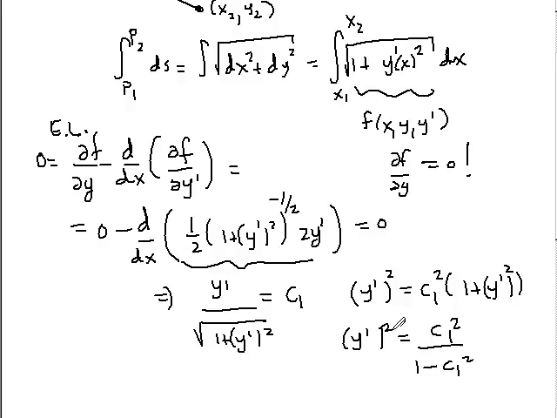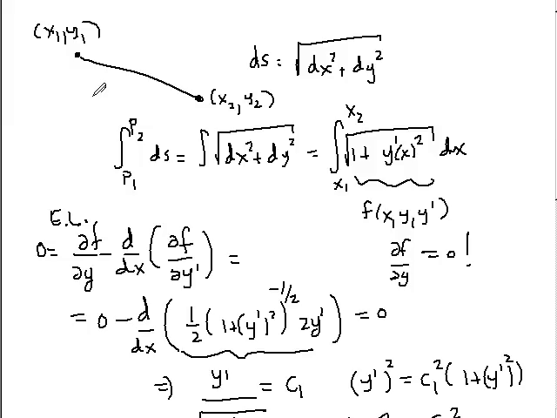So y prime is just a constant. Call it constant 2. And if the derivative is a constant, then y is linear. So C2 x plus C3. So this is the graph of a straight line. So the shortest distance between these 2 points is in fact a straight line.